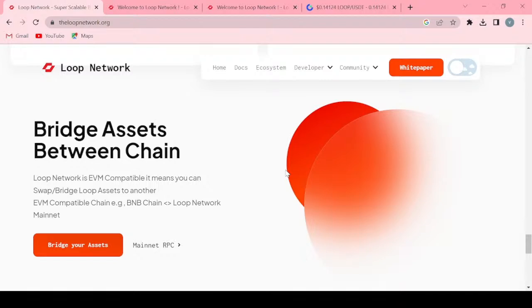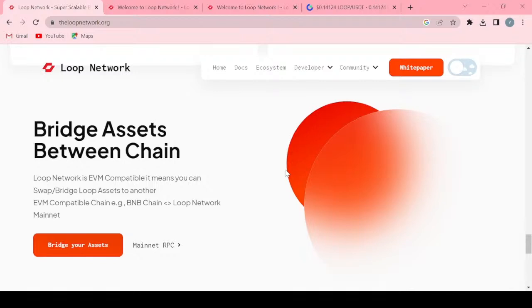Next, bridging assets between chains. The Loop Network is EVM compatible. It means you can swap or bridge Loop assets to another EVM compatible chain. For example, you can see the BNB chain compared with the Loop Network mainnet.